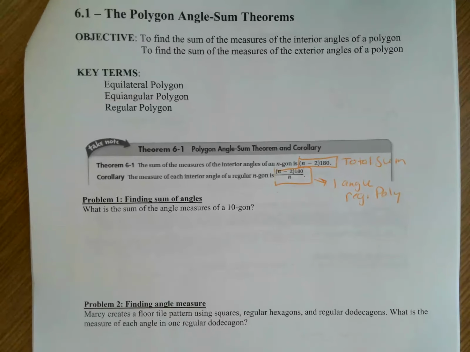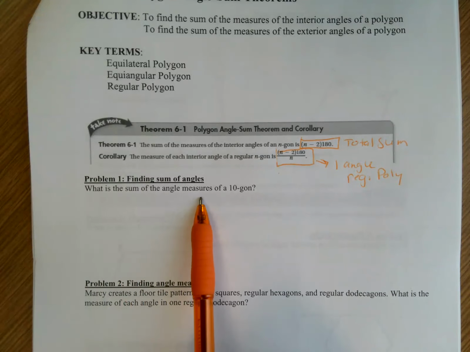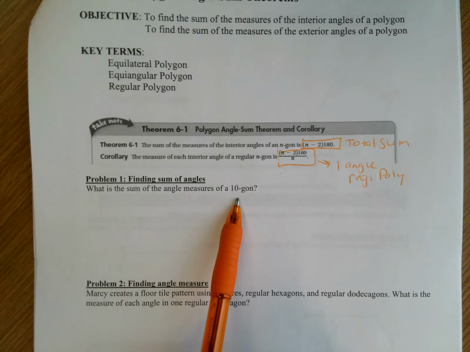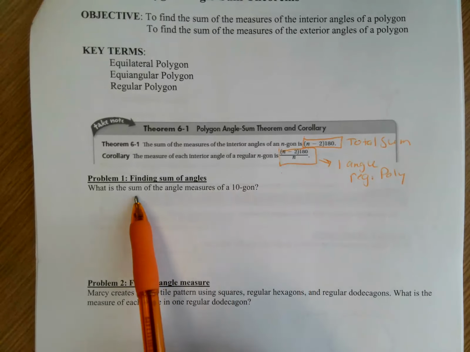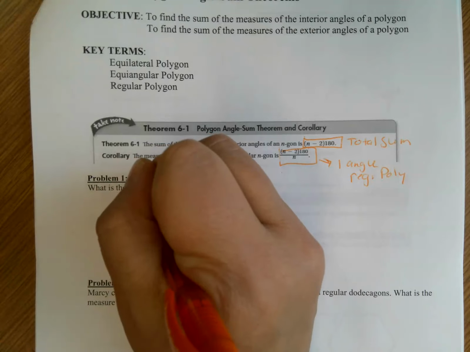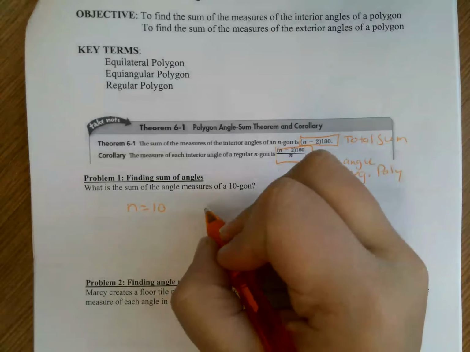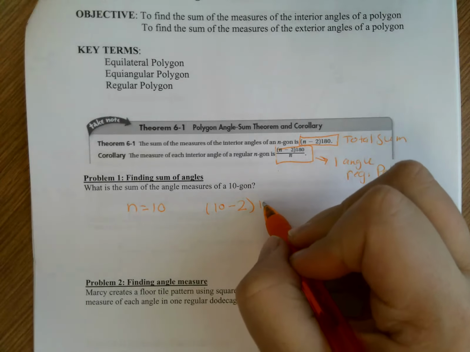So let's get into problem 1, shall we? It says, what is the sum of the angle measures? In this case, it's talking about the total sum of all the angle measures in a decagon. So this is this equation. n is going to be equal to 10 because there are 10 sides. So we plug this in, we go 10 minus 2, in parentheses, times 180.